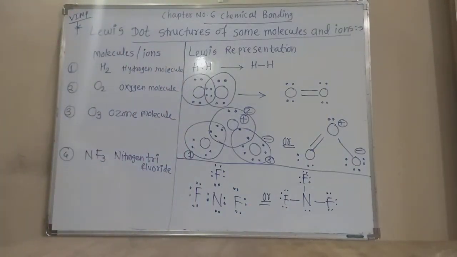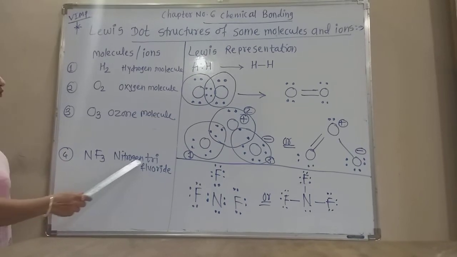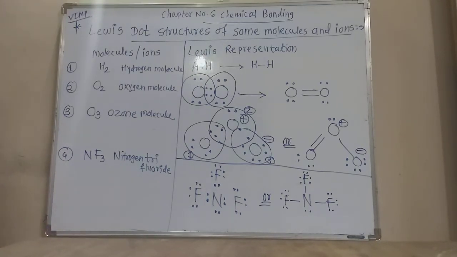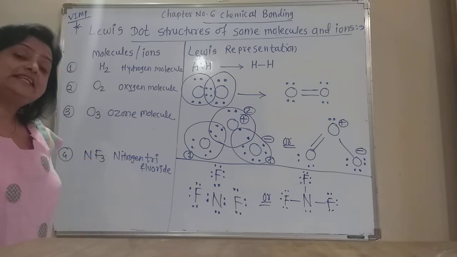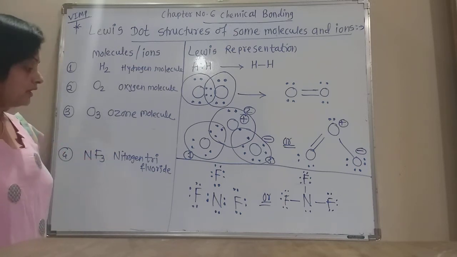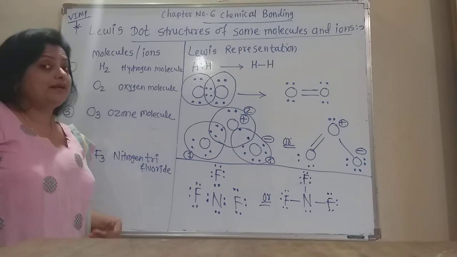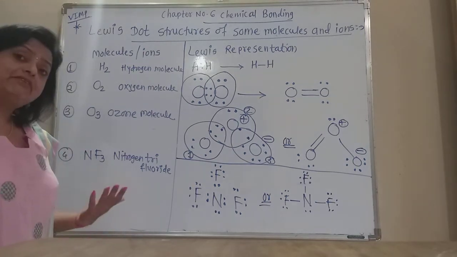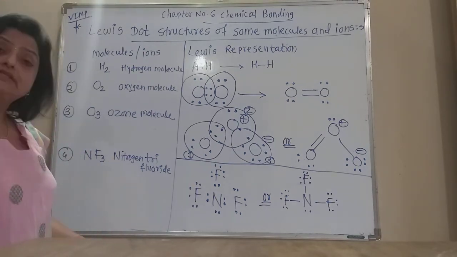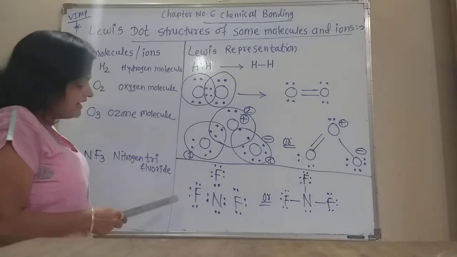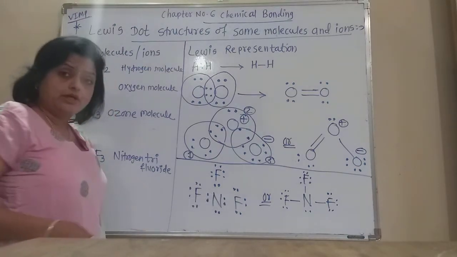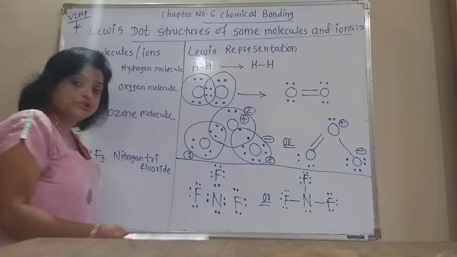Now see the next structure, the nitrogen trifluoride molecule. Nitrogen has atomic number 7, so 5 valence electrons are there for nitrogen, and fluorine has atomic number 9 and 7 valence electrons. Now there are 3 fluorine atoms.